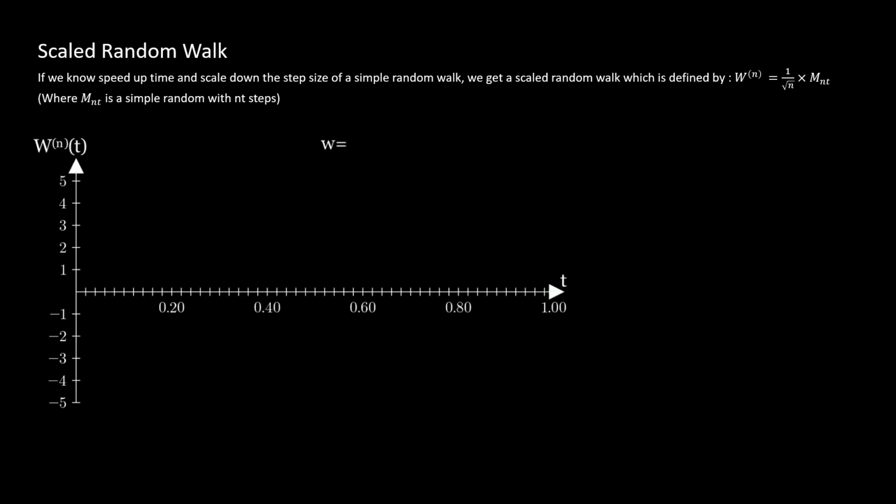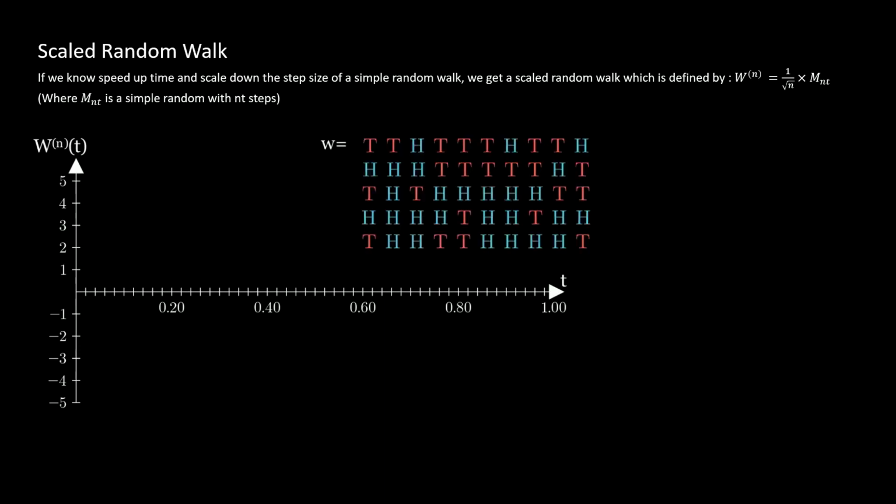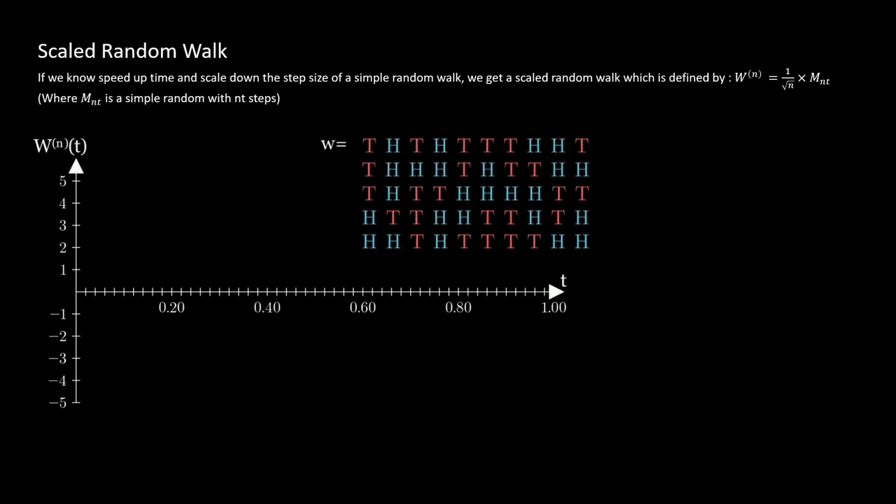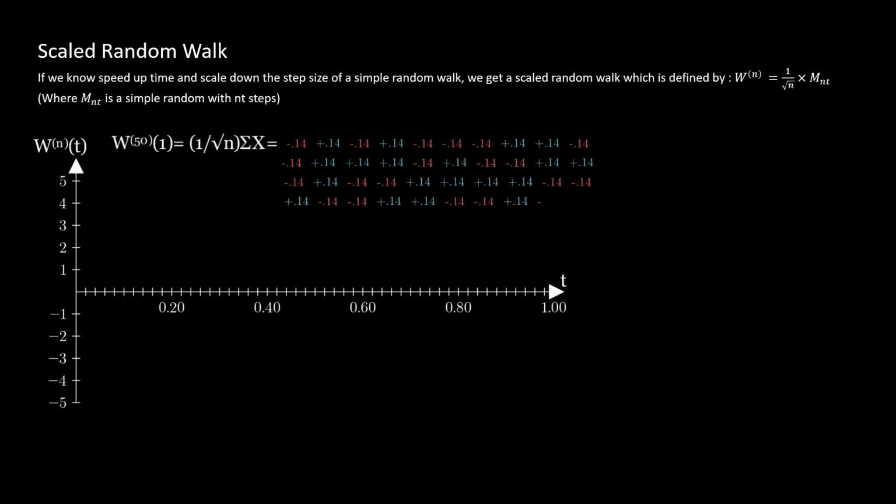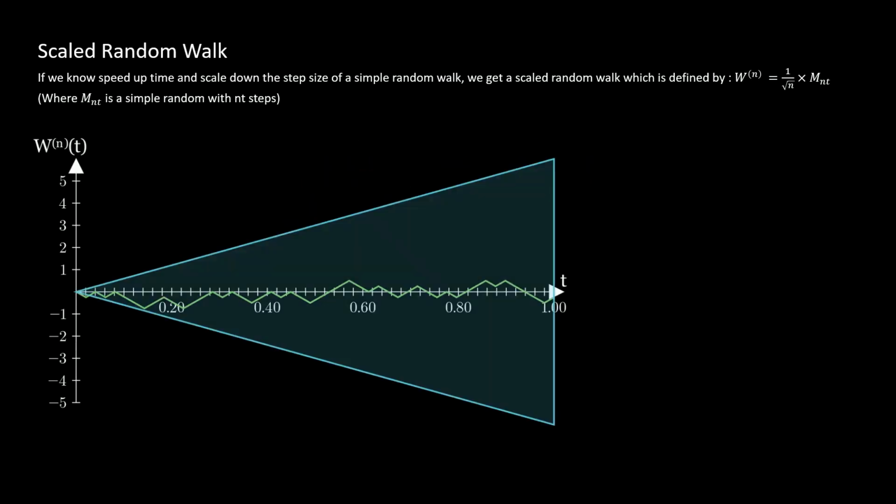So we have our event, which now is a sequence of 50 heads or tails, each of which, instead of having a random variable +1 or -1, has a value of -0.1 or +0.1. Looking at the graph, it is much more like a stock price and has some very interesting properties.